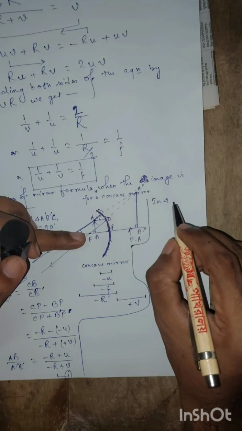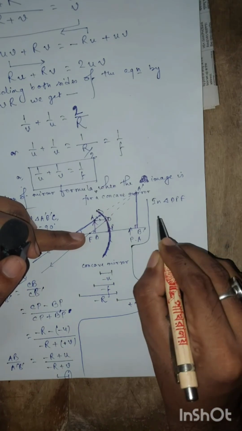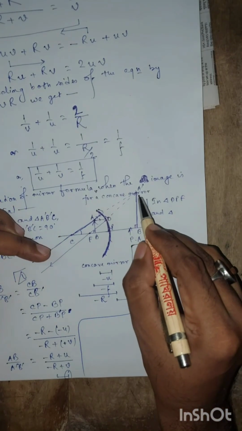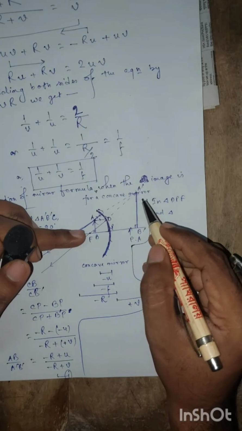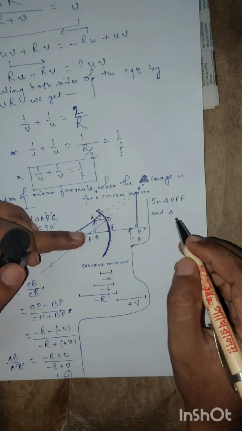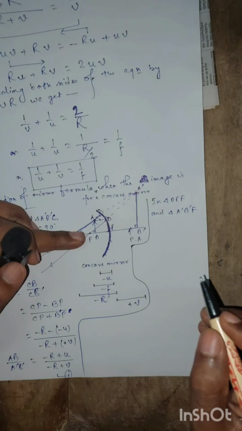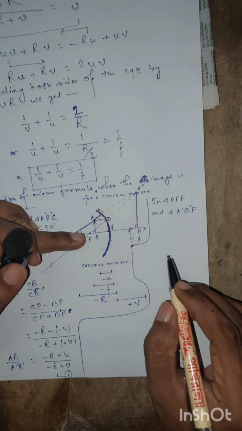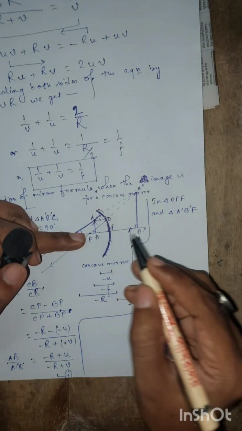we can say in triangle DPF and triangle A dash B dash F, angle F is common.